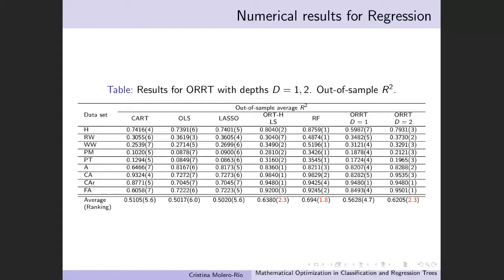What I show is that our proposal is on the top together with random forest and a local search procedure that cannot handle the properties that we have already defined.